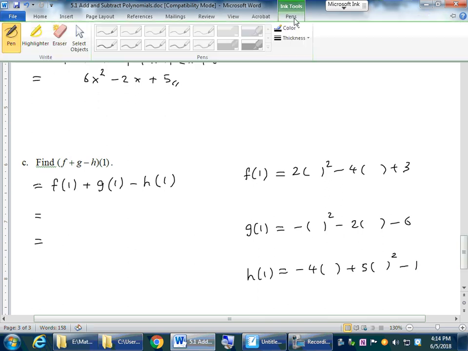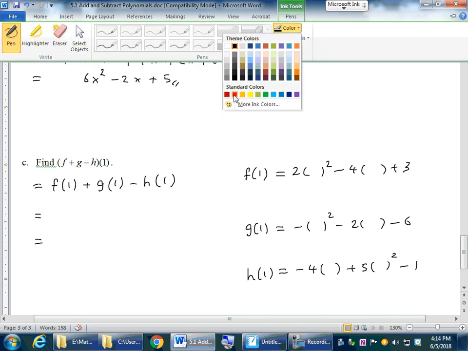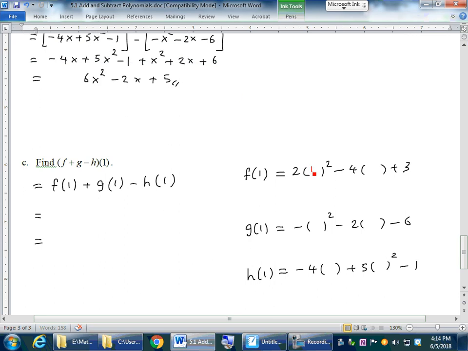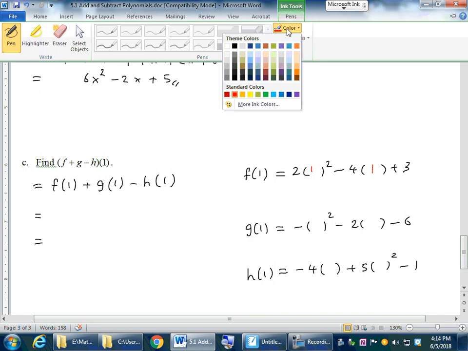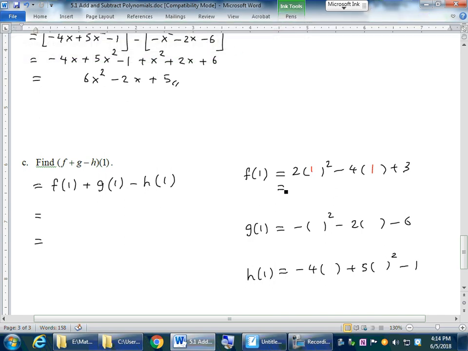So I'm going to first substitute into f functions my input 1. So that gives us 1 squared is 1, so it'll be 2 minus 4 plus 3, which my answer is 1. So I got the value of f of 1 is 1, plus what about the value of g of 1?